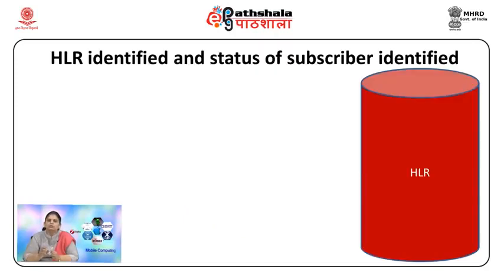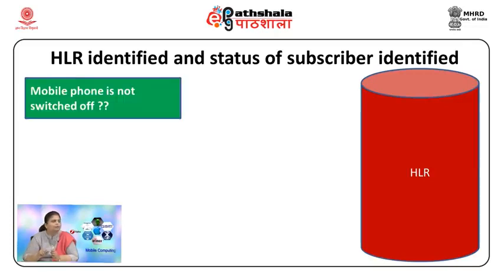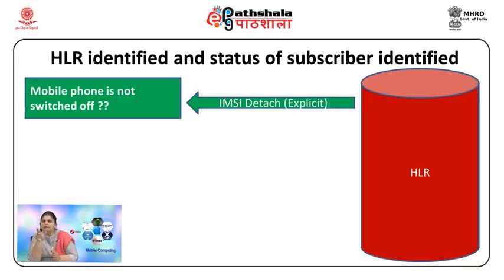So, how are these 4 pieces of information retrieved from the HLR? Mobile phone is not switched off. You can see in the diagram that some information known as IMSI Detach has been provided by the HLR. What is this? This is a field.